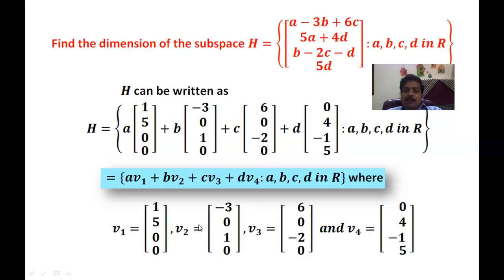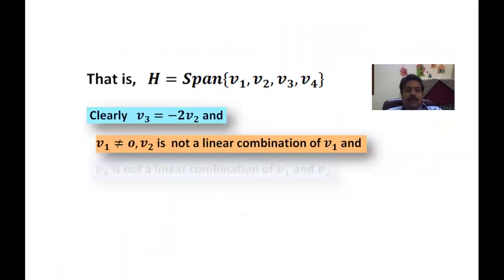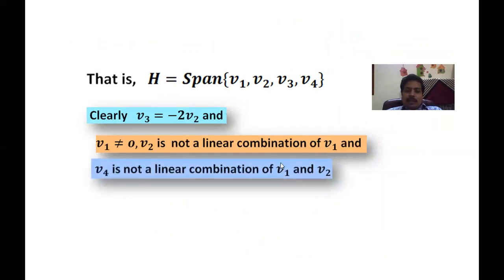For any scalar multiples, the last entry must be 0 only with these two vectors, but here it is 5. So V4 is not a linear combination of V1 and V2. So V1 is not equal to 0, V2 is not a linear combination of V1, and V4 is not a linear combination of V1 and V2.